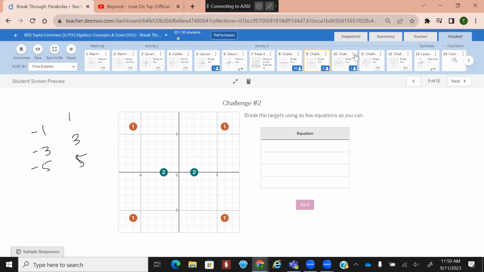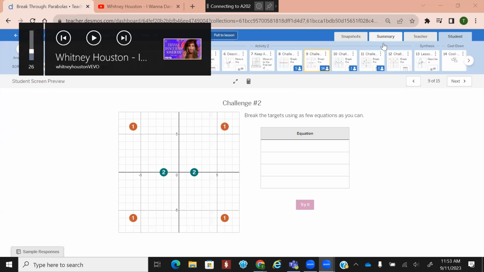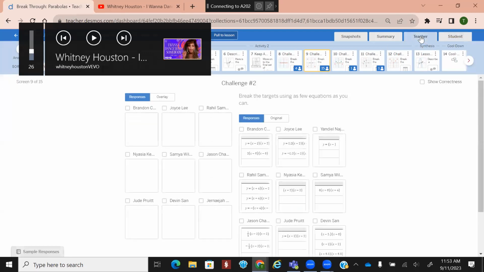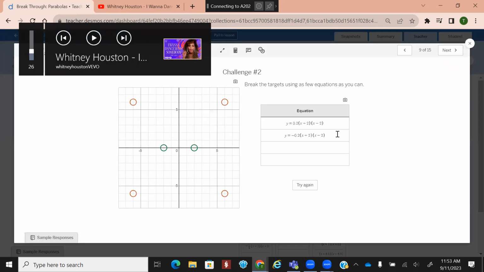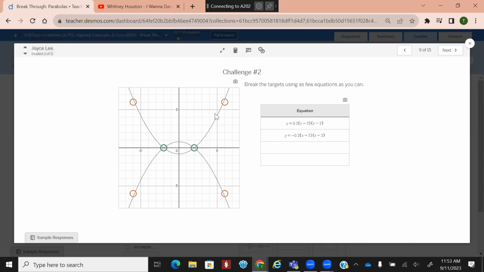Go ahead and try slide 9 and 10, using the x-intercepts and then the direction. On this one, all right, it went through. So you would have to have a positive version and then a negative version.